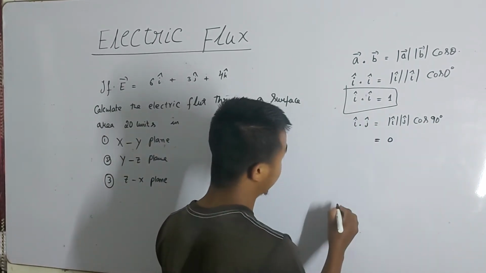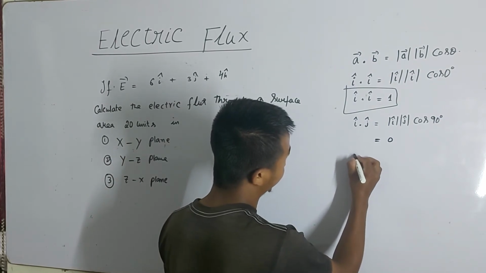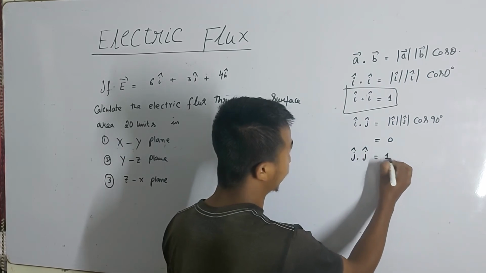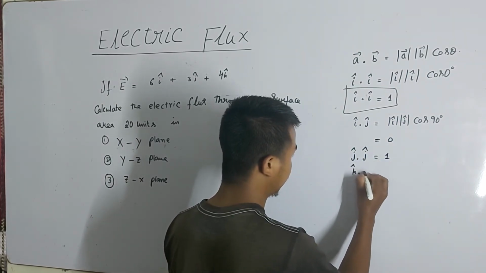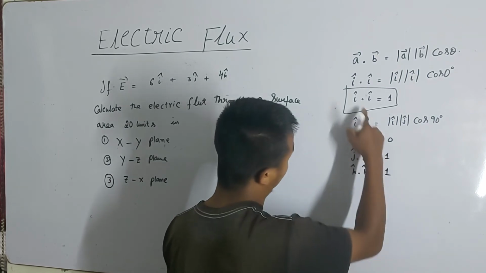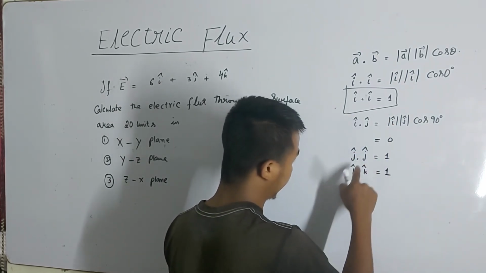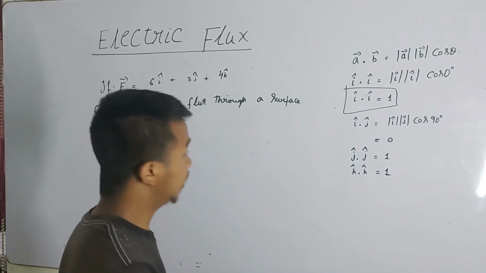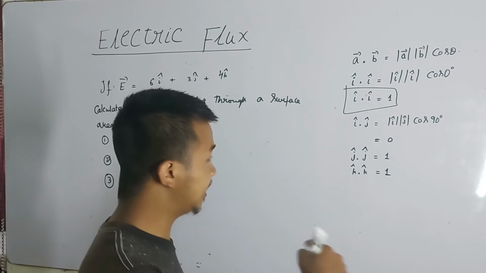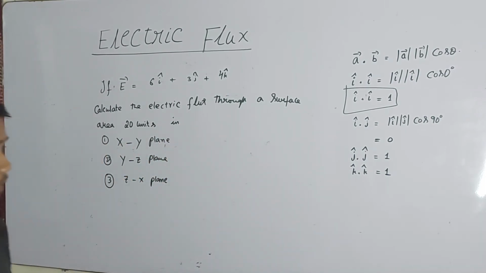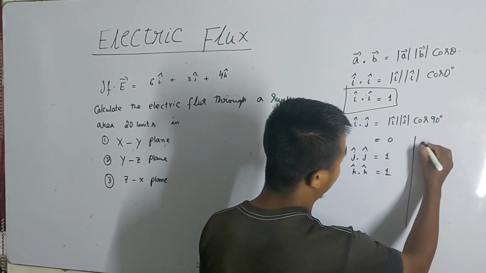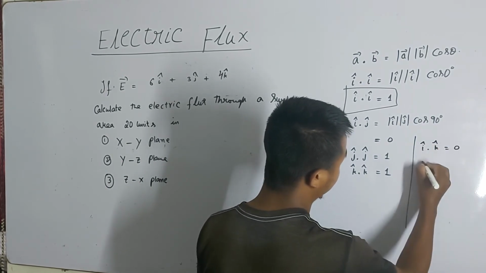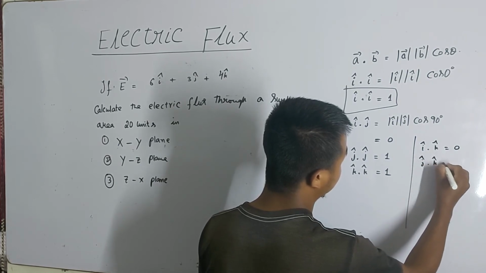Similarly, j dot j equals 1, k dot k equals 1, i dot i equals 1, i dot j is 0, i dot k is 0, and j dot k is 0.